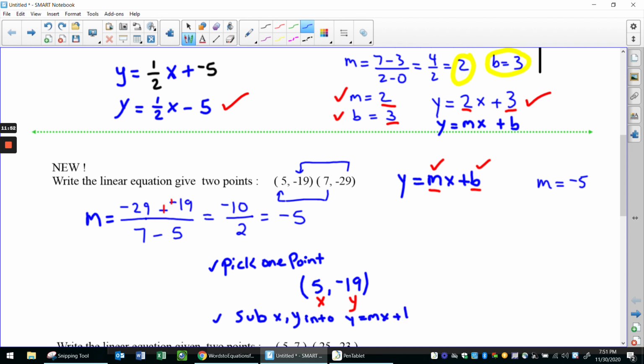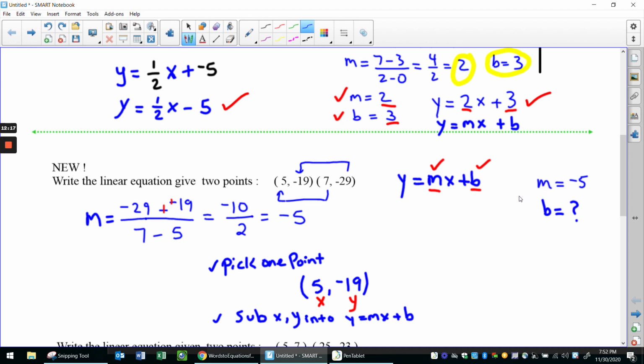And what that will do is it will allow you to solve for b, because right now we have the slope, we just don't know what b is. And to solve for b, we can do this by substituting one of these points into the equation and substitute our slope into the equation.